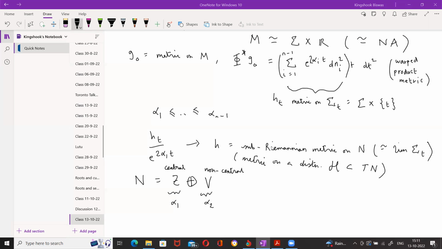I'm not sure which one is larger, Rudra, the central or the non-central? The central is larger, is it? No, non-central will be larger, right? Non-central is larger, I see. Yeah, I think so.